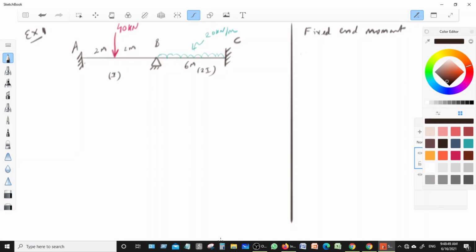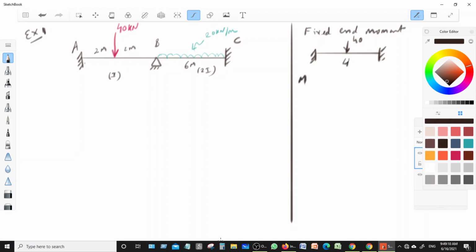So let me find the fixed end moments. First we consider this AB beam as a fixed beam, which is subjected to a point load of 40 kilonewton, and L is equal to 4 meter.